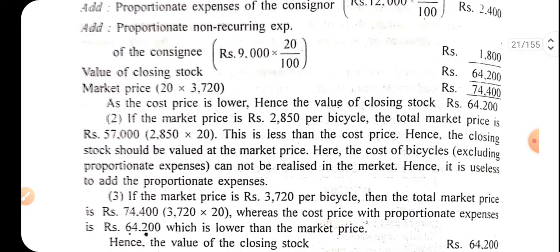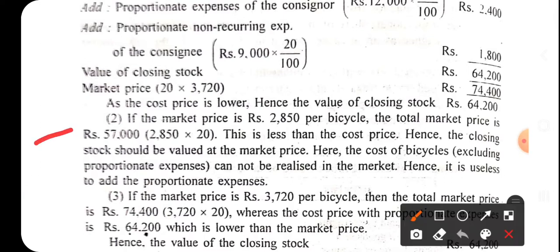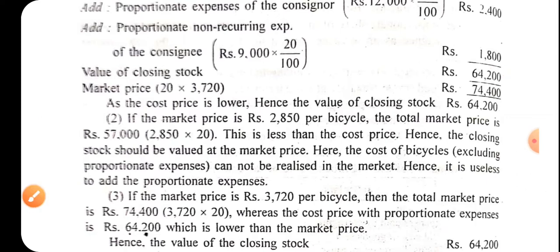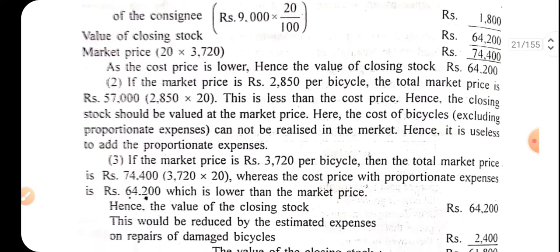If we consider 2,850, then 2,850 multiplied by 20 bicycles results in 57,000 only. So 57,000 is less and 64,200 is more in comparison of both figures. So in circumstance number 2, we can consider the 57,000 market value as the closing stock.